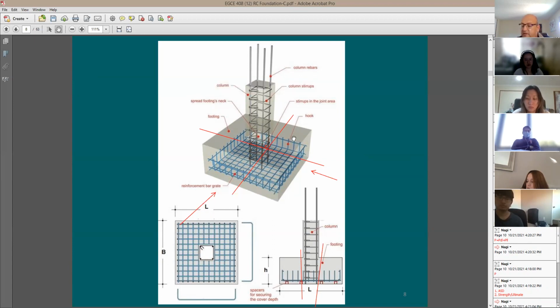If the length of the footing is the same as the width, like a square footing, the reinforcing that you put here in both directions is going to be exactly the same. Why? Because this moment at this section is going to be the same as this moment at this section. If you have the same soil pressure, the same cantilever length, you'll end up with the same moment demand.